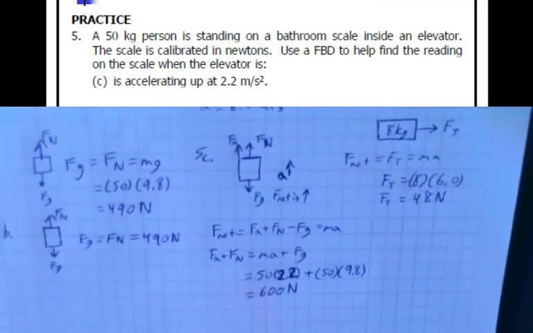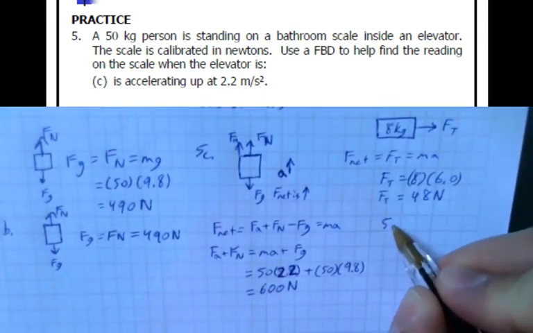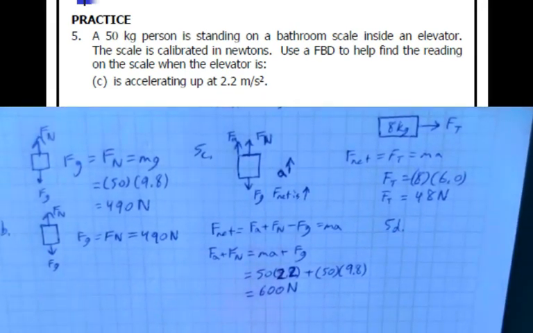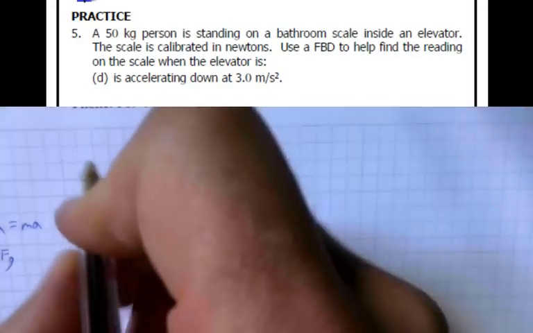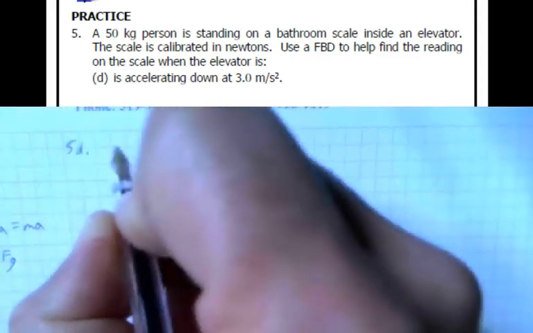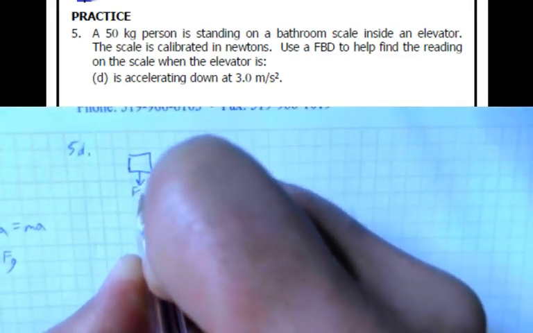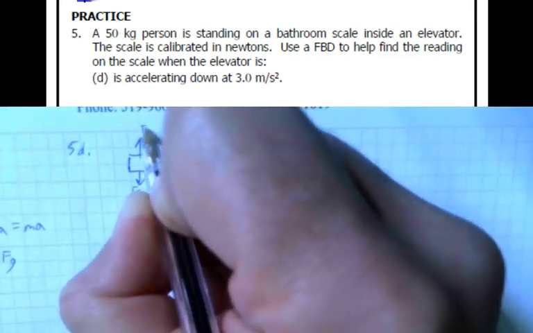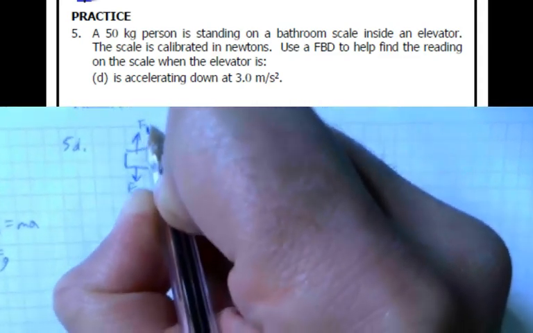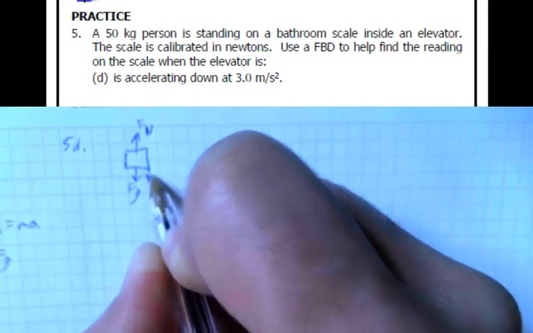Let's do 5D, which will be a situation where I think we're moving down. In this case, we have our Fg and our Fn, of course, for our free body diagram. But there's also an Fa.